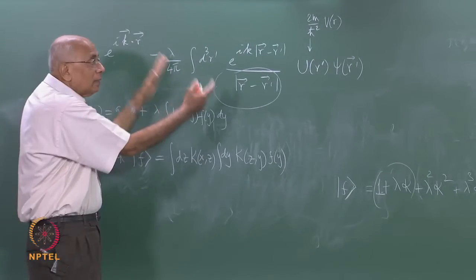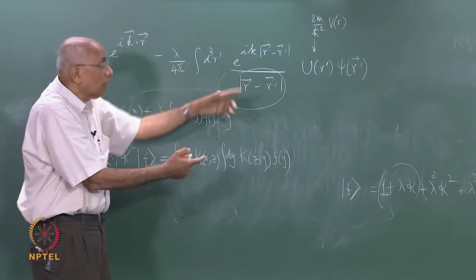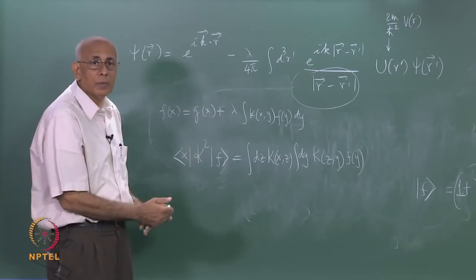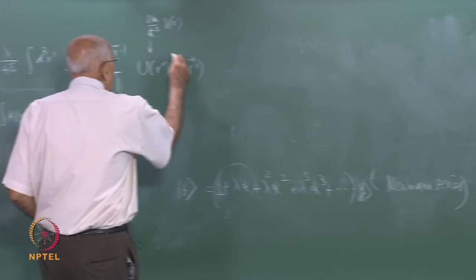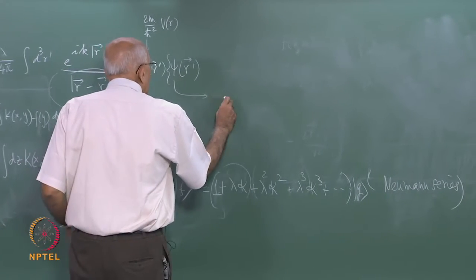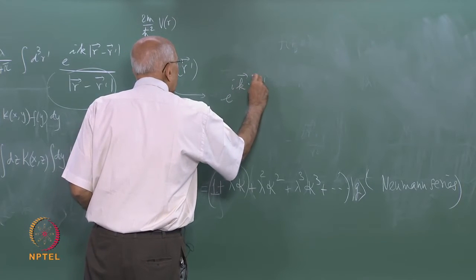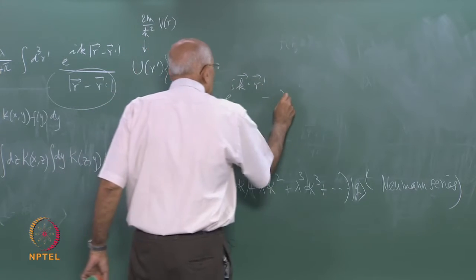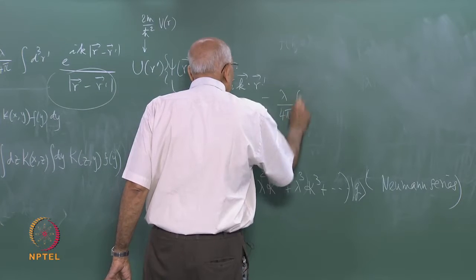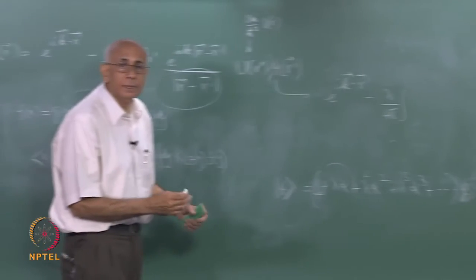So let us rewrite this equation pretending that you are writing it for psi of r prime. Okay. So for this psi of r prime at this stage, you would write e to the I k dot r prime minus lambda over 4 pi an integral over what?